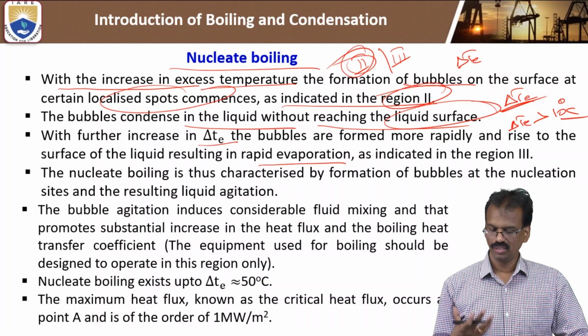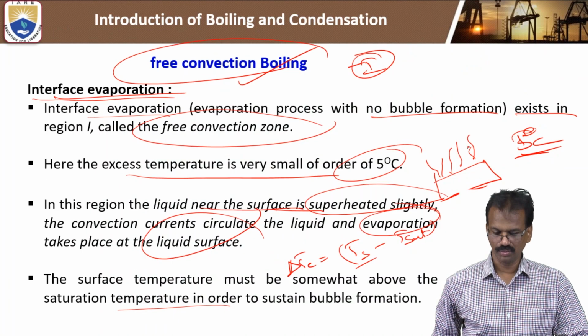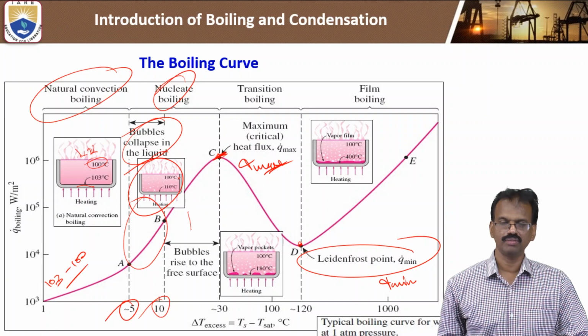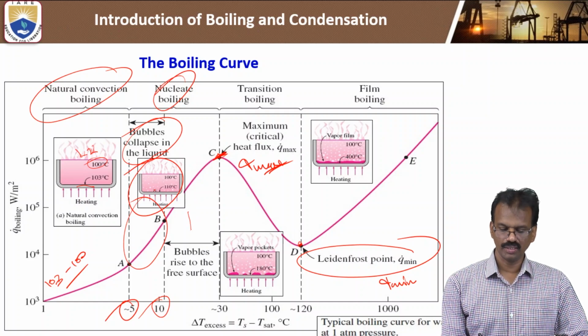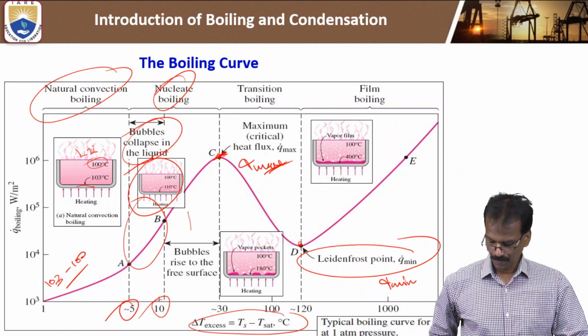The evaporation rate will increase, as indicated in region 3. Here bubble formation increases rapidly and reaches the top surface. Here the bubbles condense again because of low excess temperature.